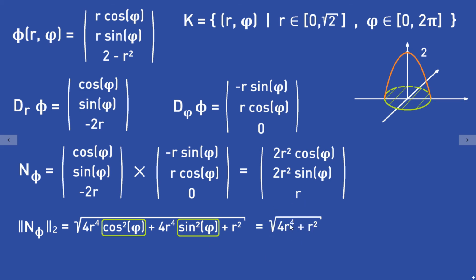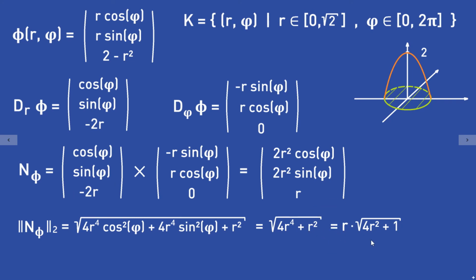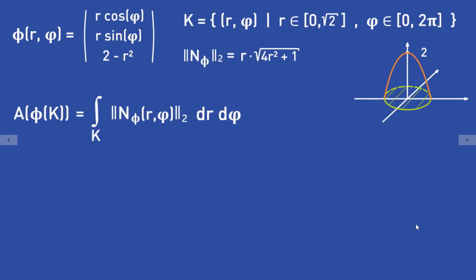So we get this here. Now we can rewrite this a little bit, and in the end we get that here. So the norm of the normal vector n phi is equal to r times the square root of 4 times r squared plus 1.